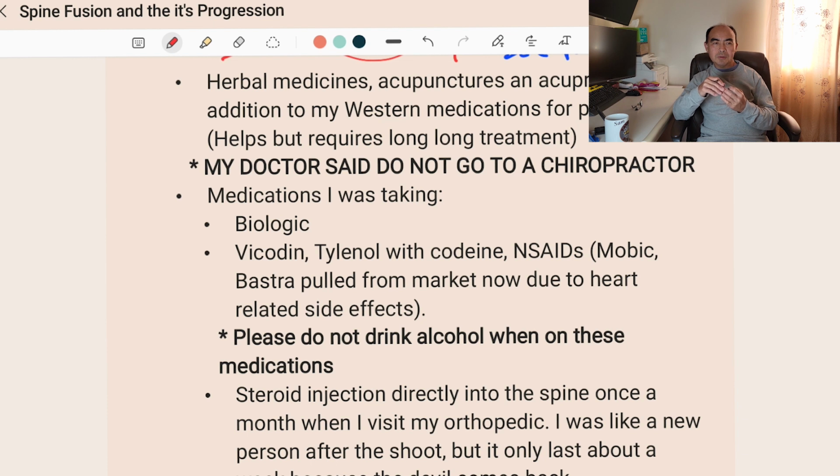Many acupunctures where they stick needles on you, electric shock acupunctures, where they actually tie wires to the needles and give you electricity shocks into the body. Acupressures. I have tried many of those.